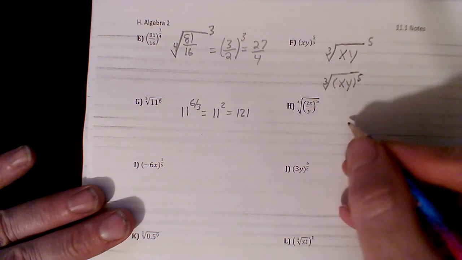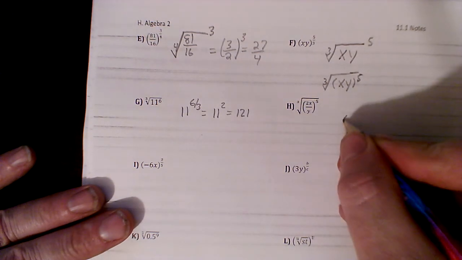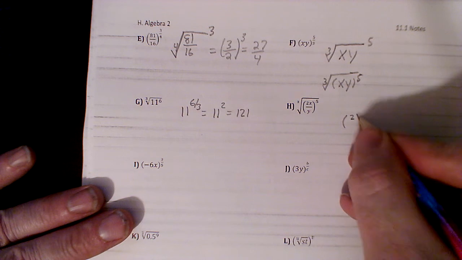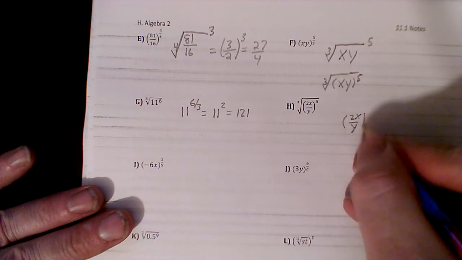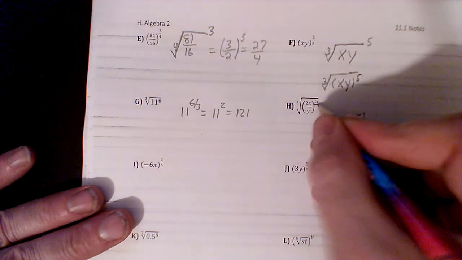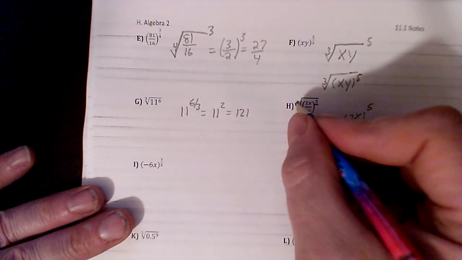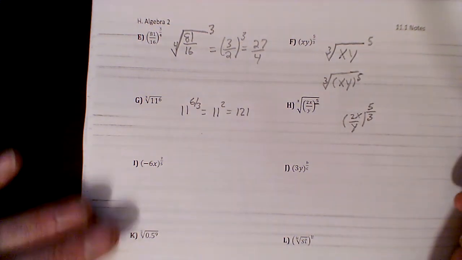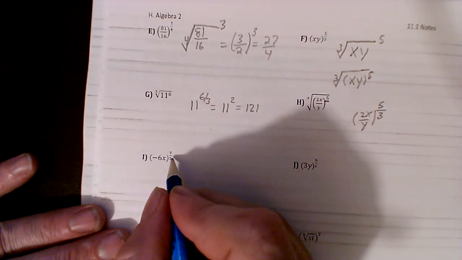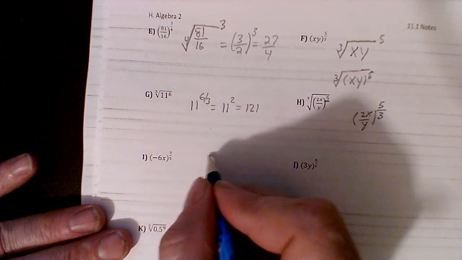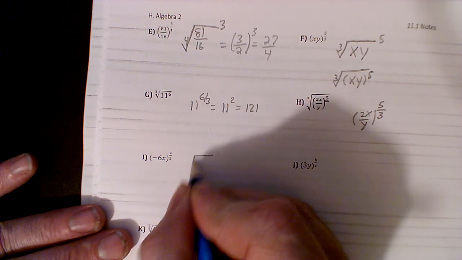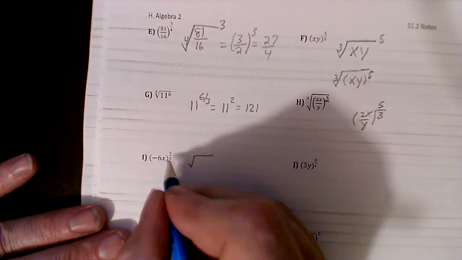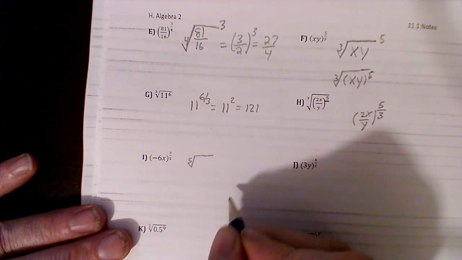This guy right here, we will write it as 2x over y raised to the, remember, this is your power, right? Up top, numerator has my power, and the root is the denominator, 5/3 power. Doing this guy, that is a rational exponent, so we're going to go ahead and write that as a radical expression. Our root is the denominator.